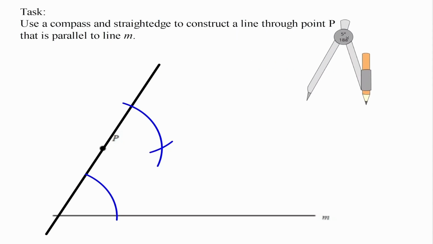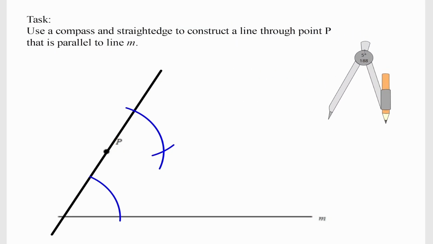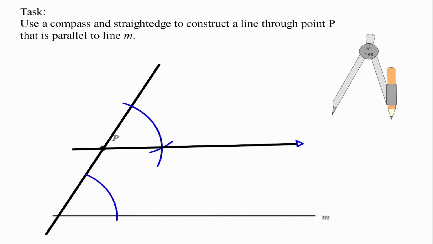In this case, we're done with our compass, because now if I construct a line that passes through P and that intersection, this new line that I'm creating here, let me give it a name. Let's call it N. It's going to be parallel to line M. So my conclusion here is that line N is parallel to M. And again, why does this construction make sense?